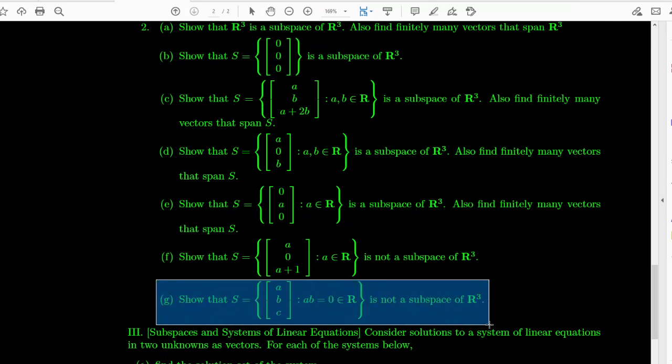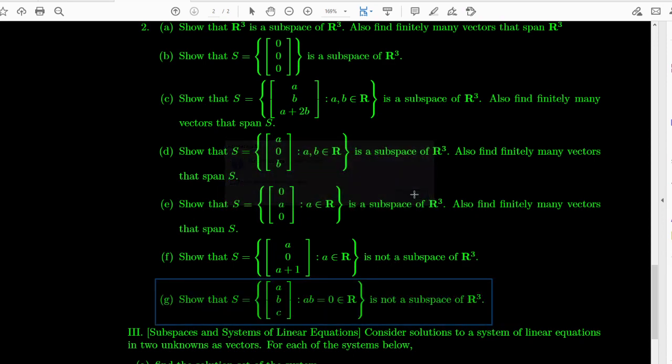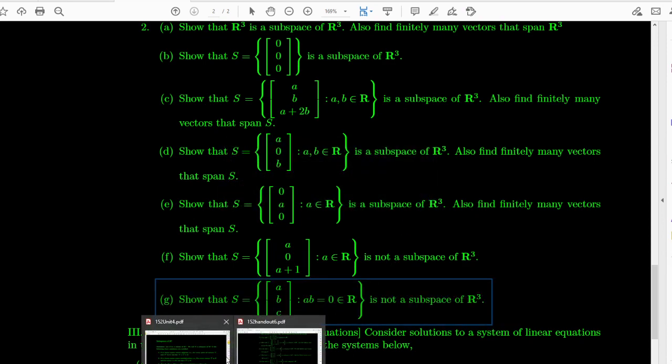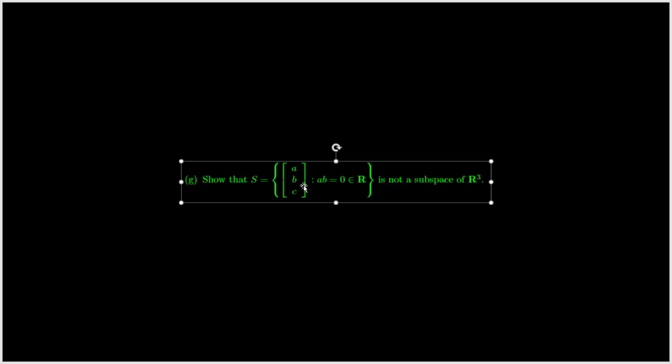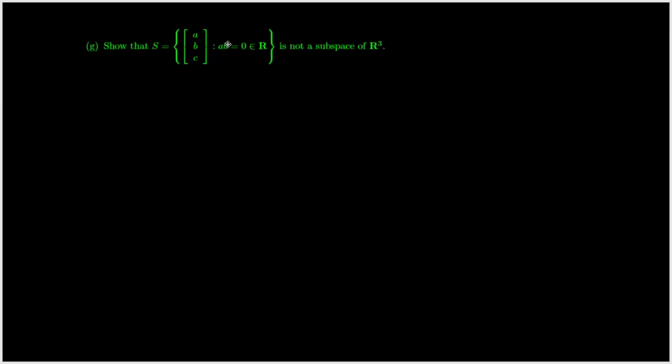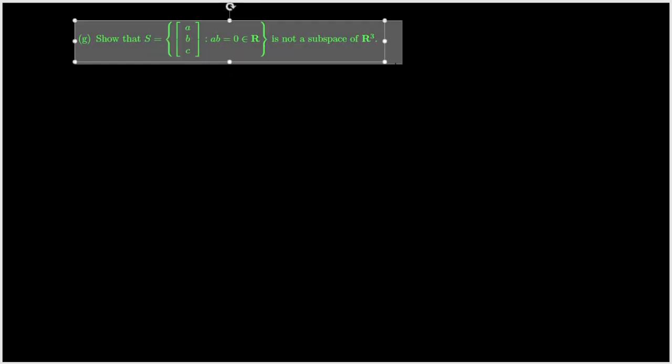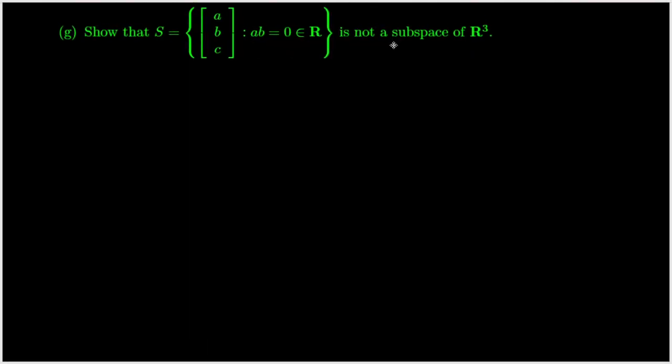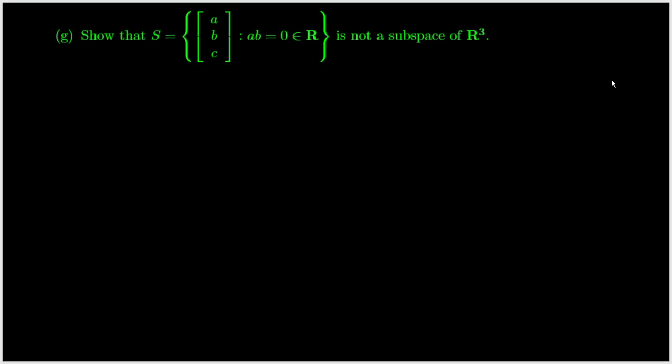We'll look at one other subset that is not a subspace. That's question G. I'll look at G. Okay, now you take a look at the definition of the subset.